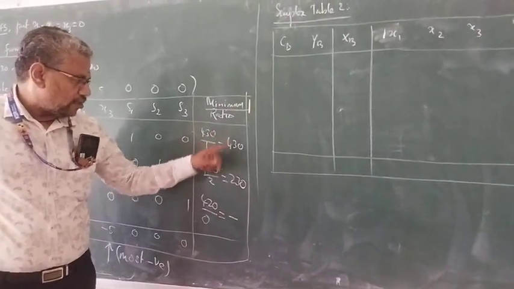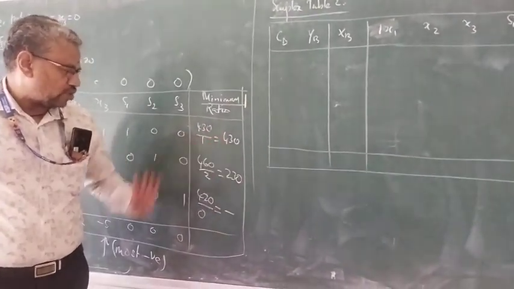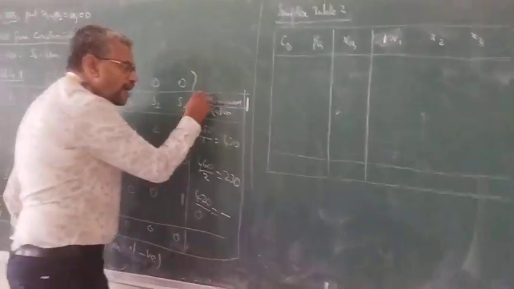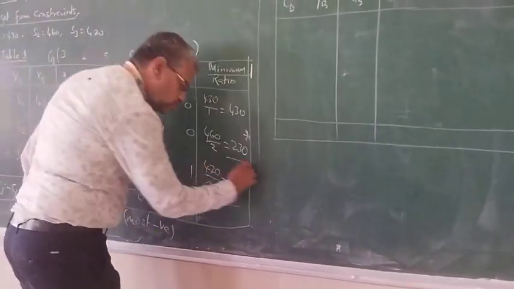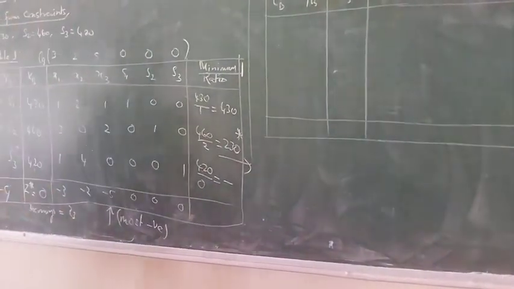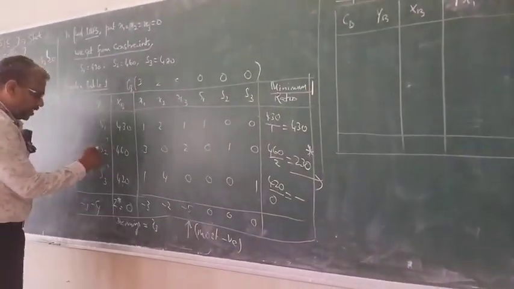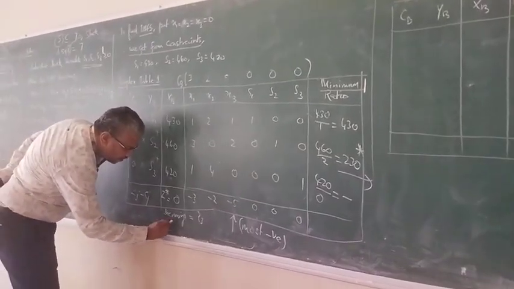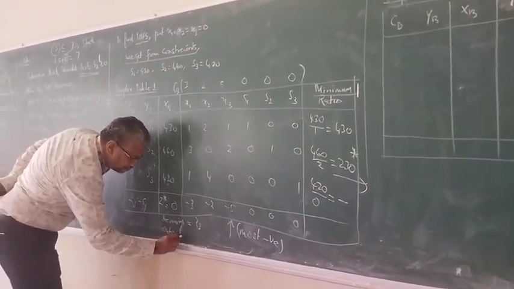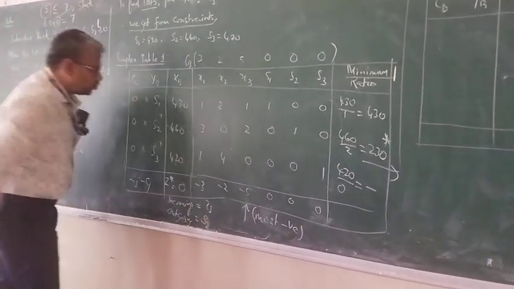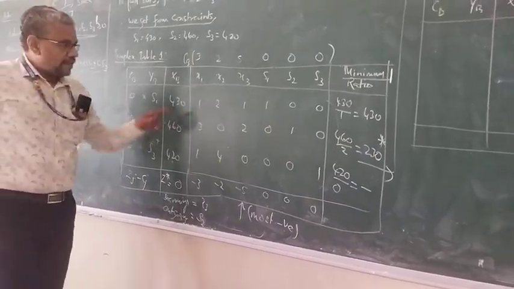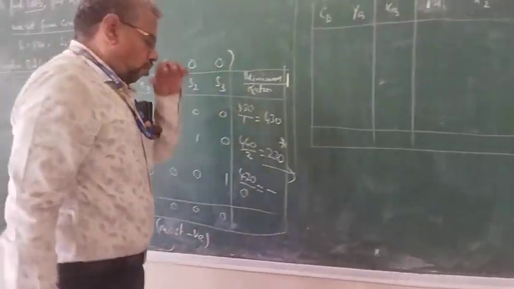So the balance 2 ratios are there, out of which I am going to find the minimum ratio. So 230 is the minimum. So that is going to be out of the second table, which means S2 is going to be the outgoing vector. S2 is outgoing, X3 is incoming.